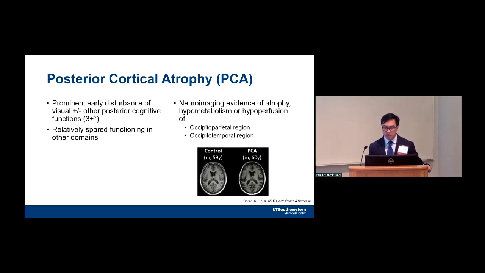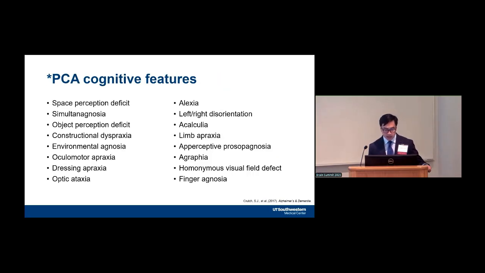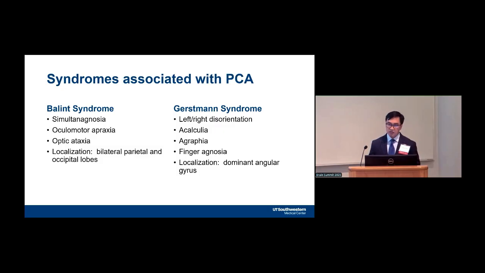So this is a nice long list of all the different PCA cognitive features. We often focus on space perception deficits, people who have troubles judging speed or distance or figuring out how things fit together. A lot of these other ones can be kind of hard to memorize all on their own, but I'll give you a hint here.